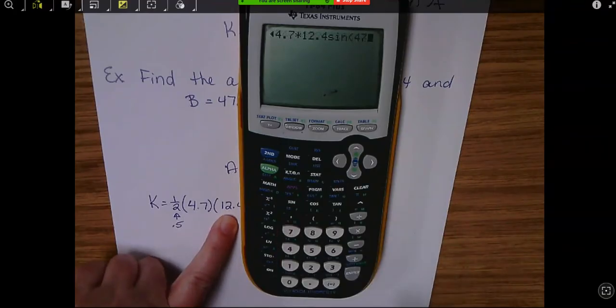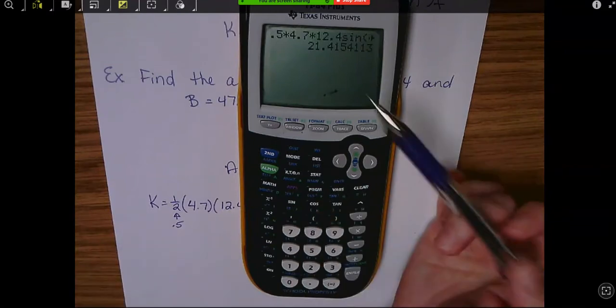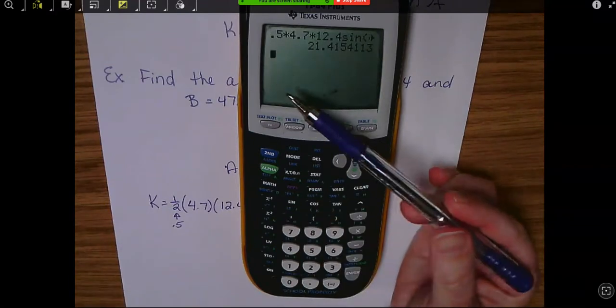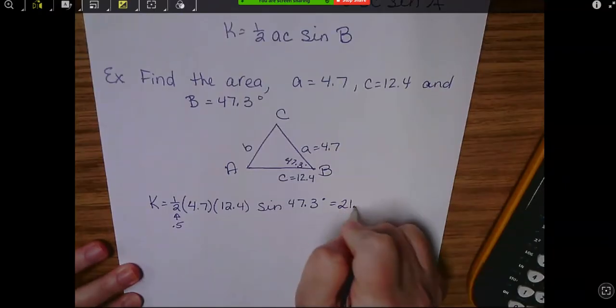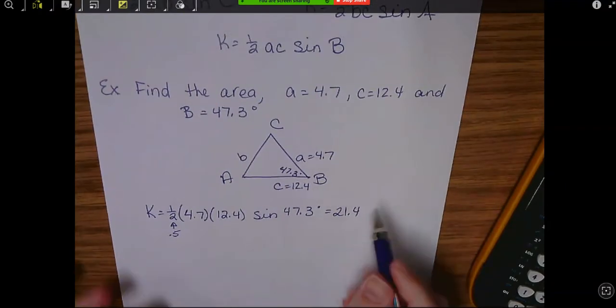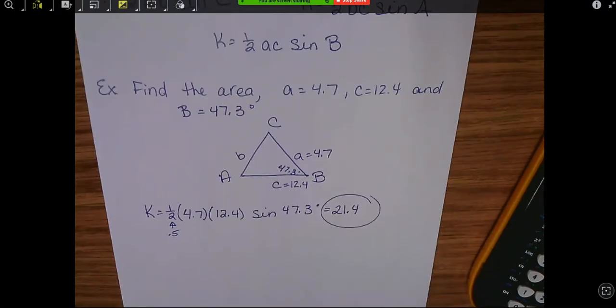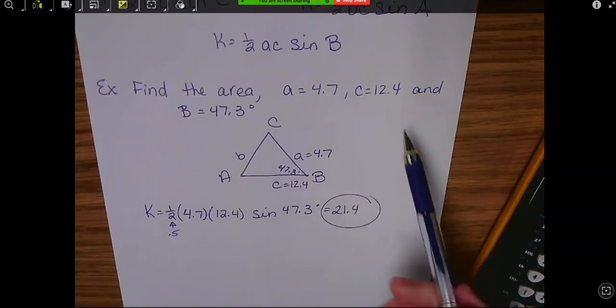Thank you. 47.3. Enter. So the area is 21.4. And that's it. There is my answer. Life is good. Okay. Now, I already hear someone say, what happens if we don't have a side angle side situation? How are we going to handle life?